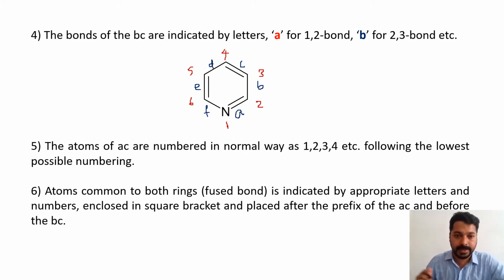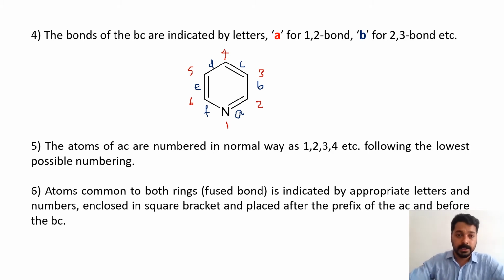Next, the attached component. The fifth point: the AC is numbered, the BC is given the alphabet. The bonds of BC are given the alphabets, while the attached component atoms are given the numbers 1, 2, 3, 4, 5 etc., following the lowest possible numbering, which we explained in the last class.